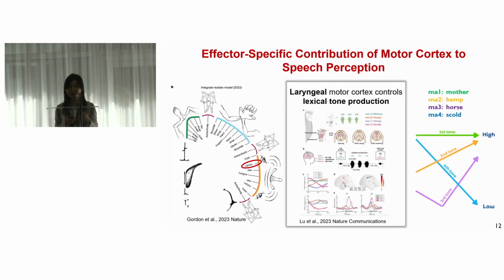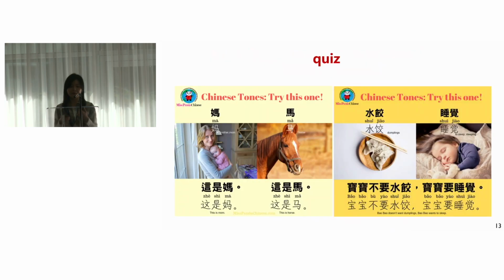In Mandarin Chinese, there are four tones: the flat tone, the rising tone, the dipping tone, and the falling tone. When the same syllable is combined with different tones, it represents different meanings. Like ma is mother, ma is horse, and another is shuǐjiǎo, which means dumpling, and shuìjiào, which means sleep.